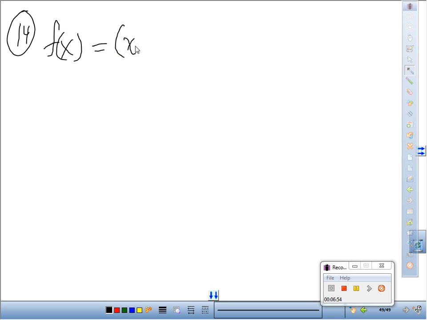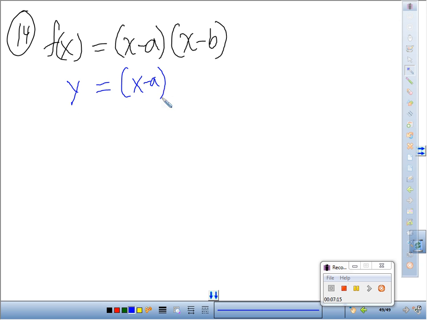Number 14. We got f of x equals parentheses x minus a times x minus b. So what do we do from there, Isaac? Change it to y.